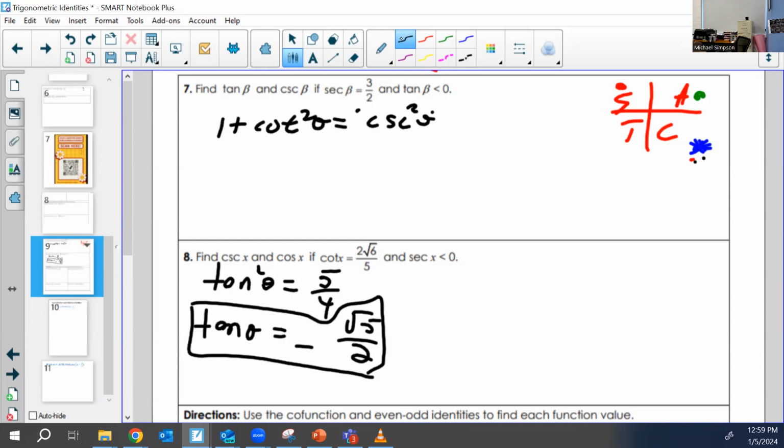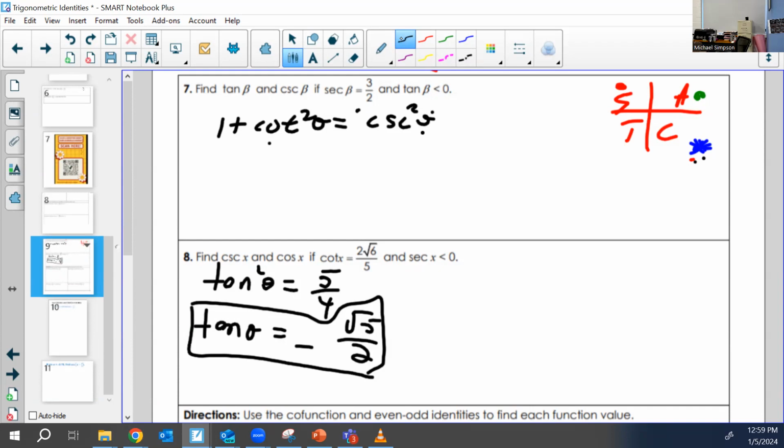I want to find cosecant. Wait a second, do I have cotangent? What is cotangent? Exactly. Yes, I have tangent. Cotangent is 1 over tangent.